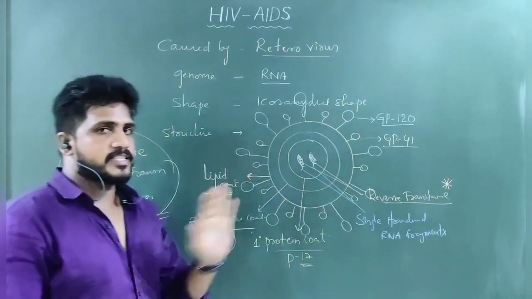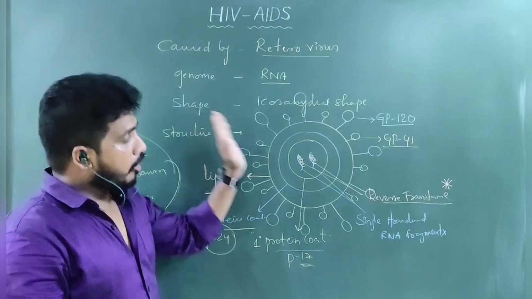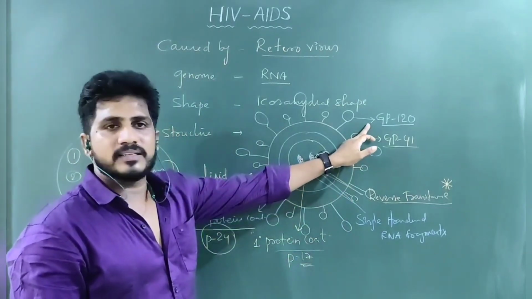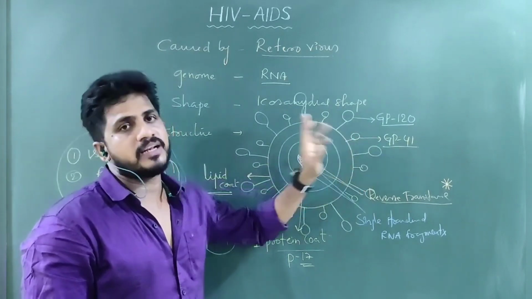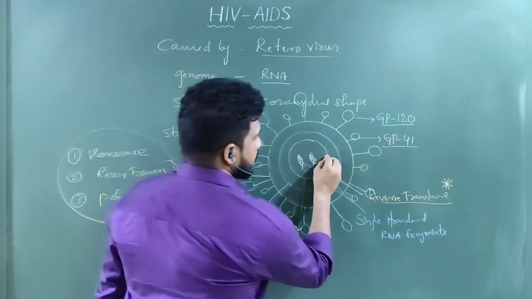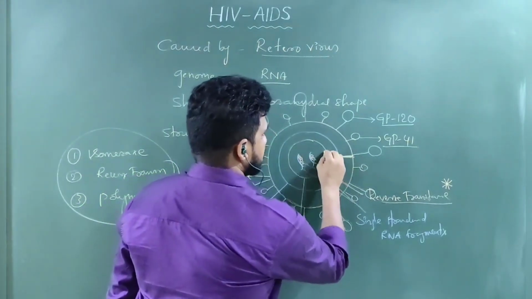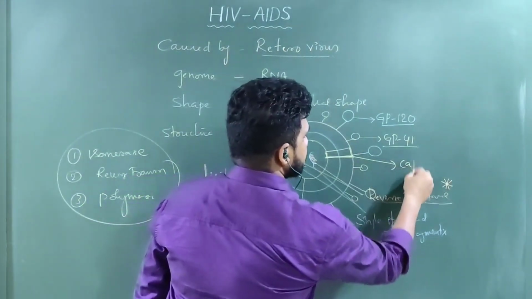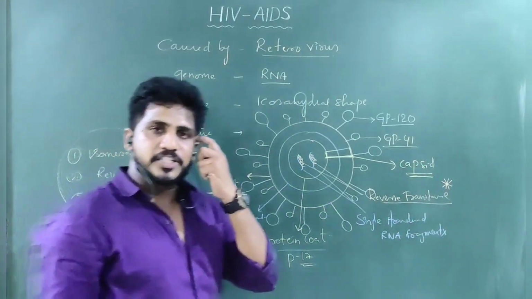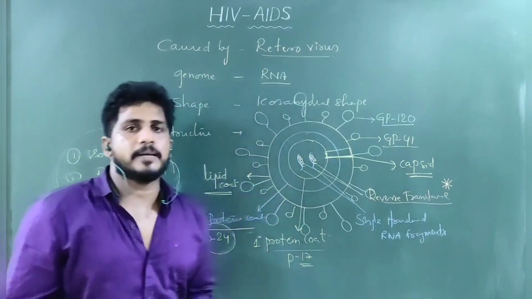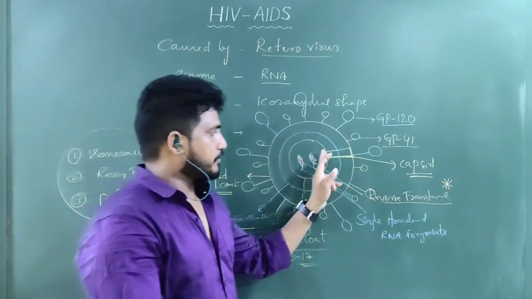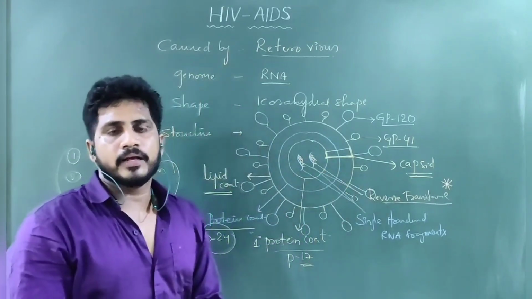But the last surface is not a protein coat, it is a lipid coat. On the lipid coat, glycoprotein membranes are present: this is glycoprotein 120 and this is glycoprotein 41. Two types of receptors are present. The entire structure from here to here is called the capsid, the protein coat or outer coat other than the genome. The capsid of the HIV virus is tough. It consists of two protein coats and one lipid coat.